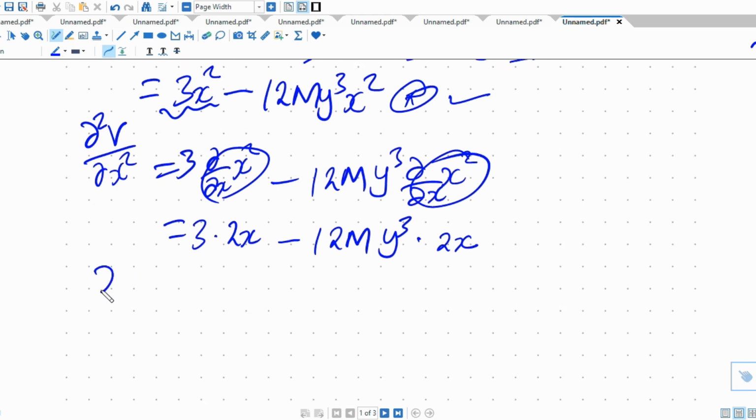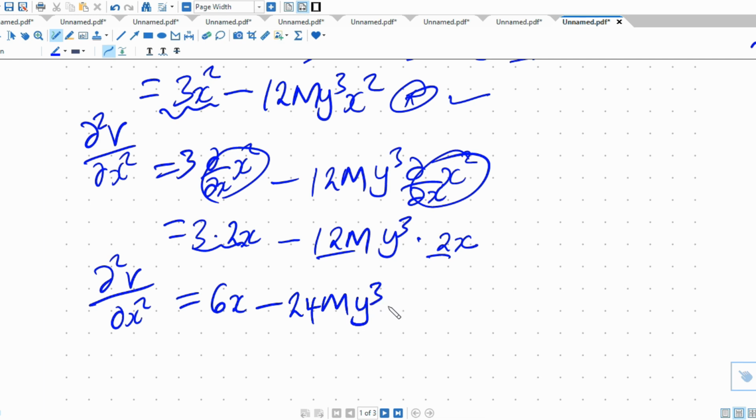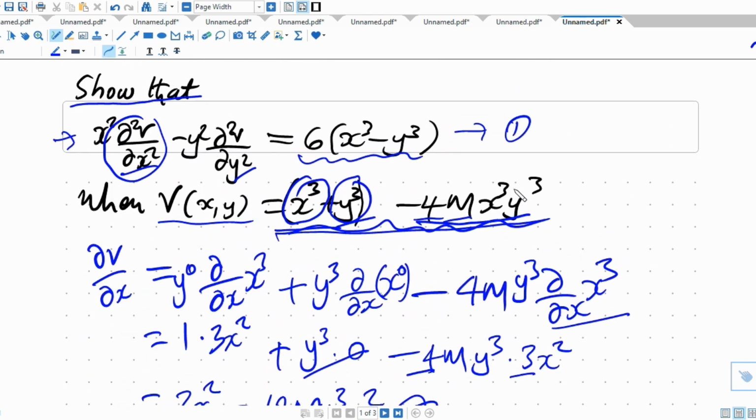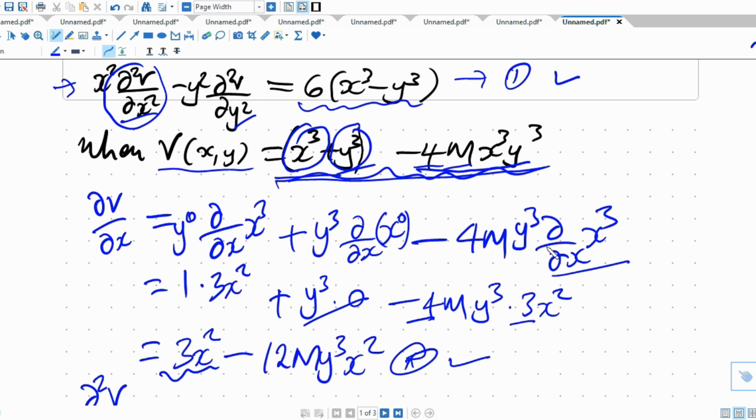So it means that our second partial derivative with respect to x will be, multiply 3 by 2, you get 6x, subtract, multiply that 2 by 12, you get 24m y cubed x. So let's call it equation 2, because our equation 1 was the original equation there.